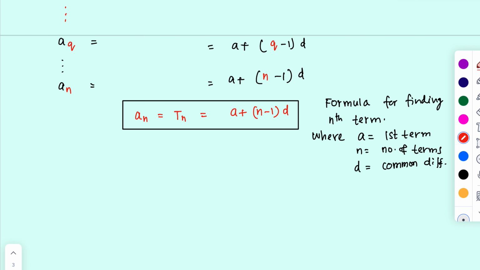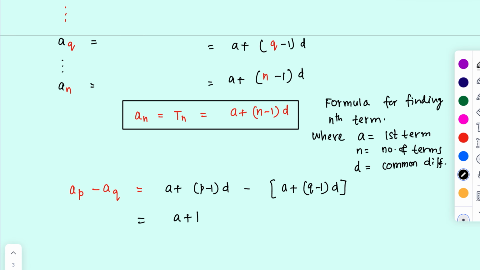Now, if you will take ap minus aq, we will get a plus p minus 1 into d minus a plus q minus 1 into d. So we can write this as a plus pd minus d minus a minus qd plus d.